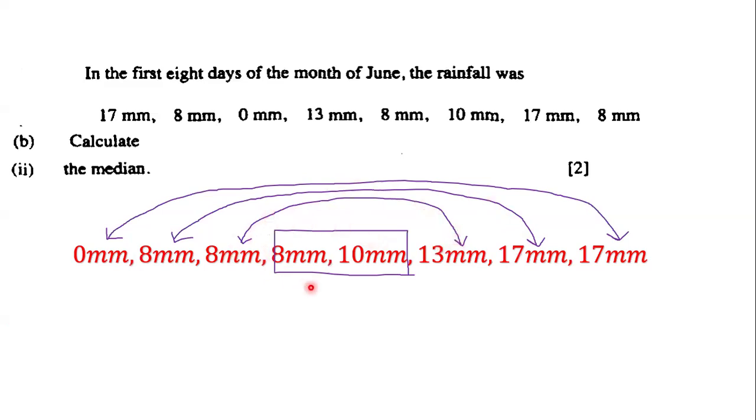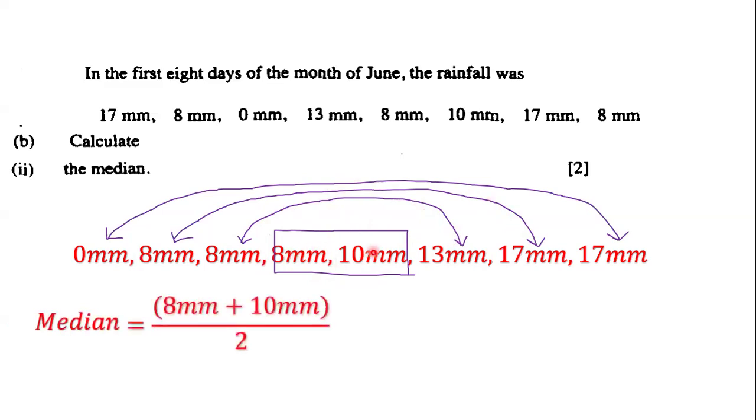And so we are left with 2 numbers that are in the middle. Once you're left with 2 numbers in the middle, sometimes it's 1, but in this case it's 2, you have to find the average of these 2 numbers. So we add these 2 numbers and then divide it by 2. 8 plus 10 is definitely 18. So we have 18 millimeters, and we divide that by 2. And 18 divided by 2 is 9. So that means that the median is 9 millimeters.